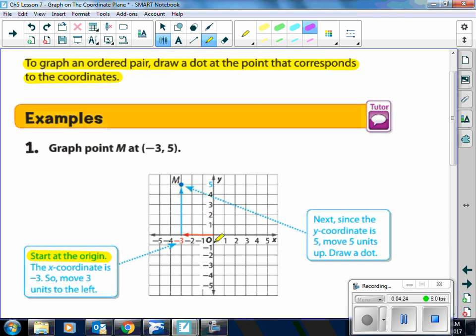Now let me just put a dot here. So the -3 tells me that we're going to go 1, 2, 3 units to the left. And then the +5, the y value, tells us that we're going to go up 1, 2, 3, 4, 5 units, and there's our final point.